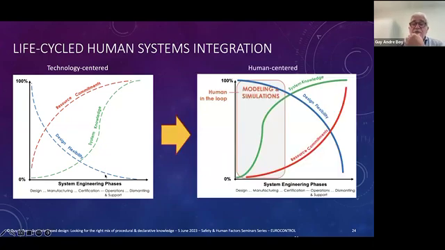Now, if you take a human-centered approach with human-in-the-loop simulation and scenario-based design, then it's interesting to see that you learn much earlier about the system. An important issue to consider is tangibility.